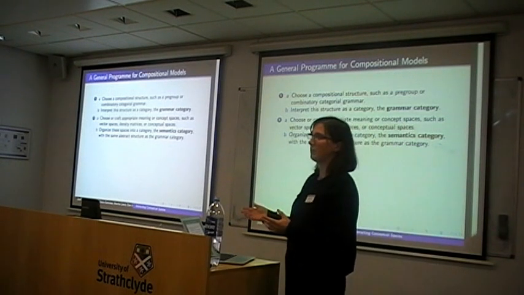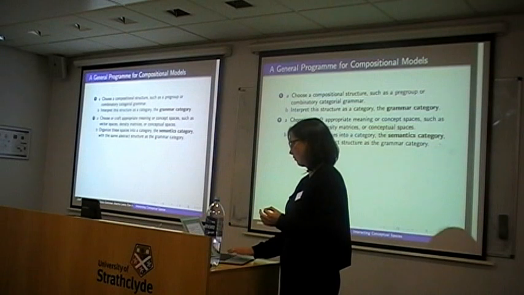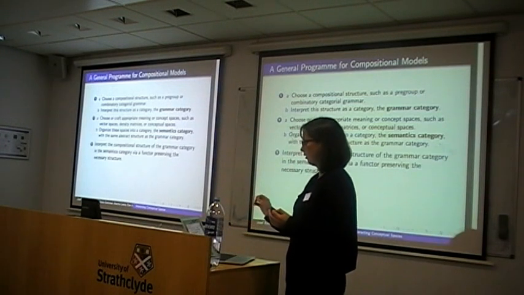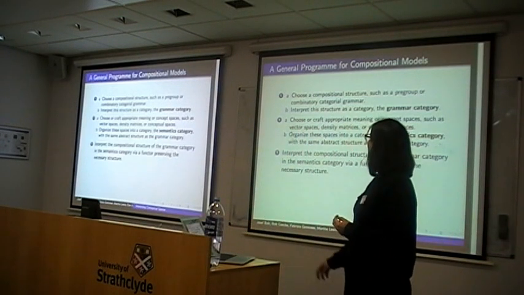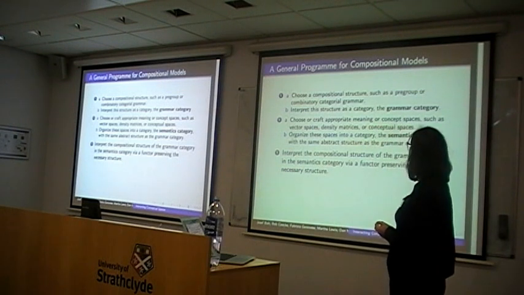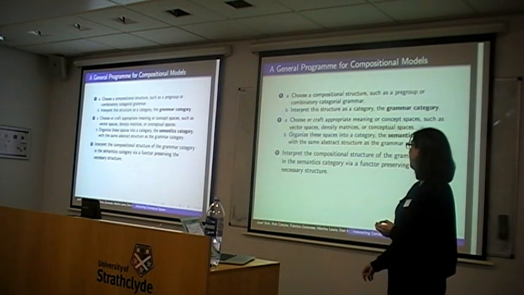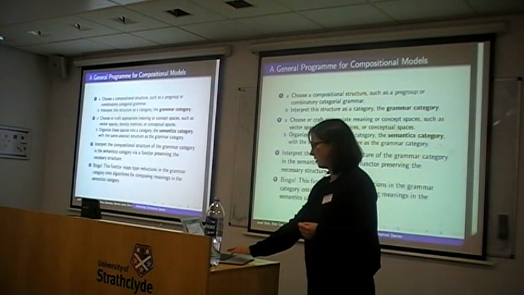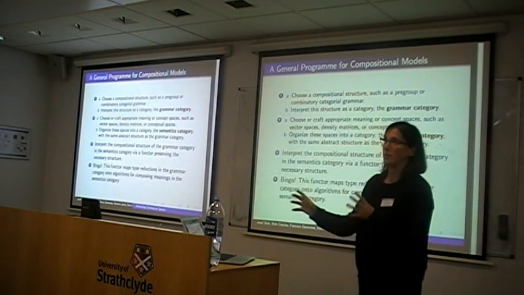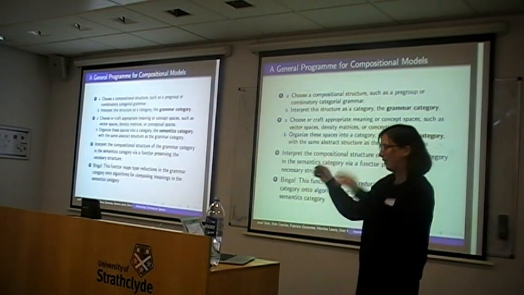In this case it needs to be compact closed in categorical language. Then we interpret the compositional structure via a functor that preserves the necessary structure, and then we have this map going off. Bingo!